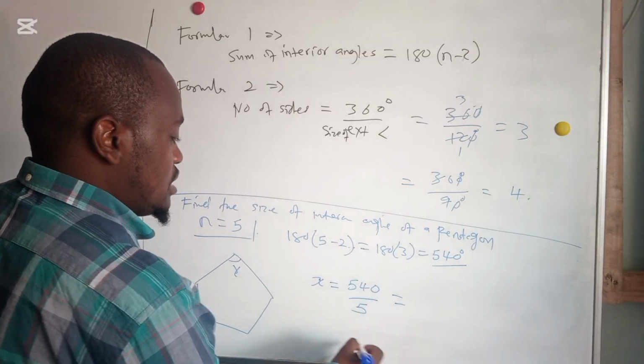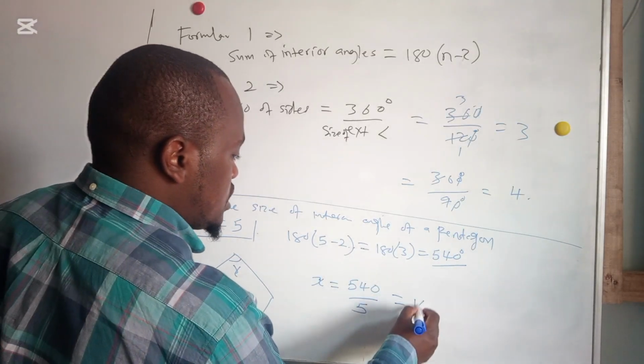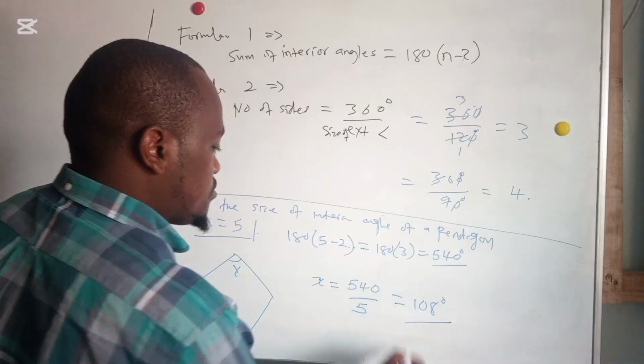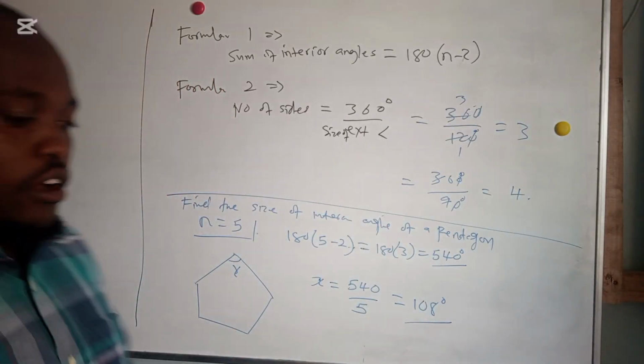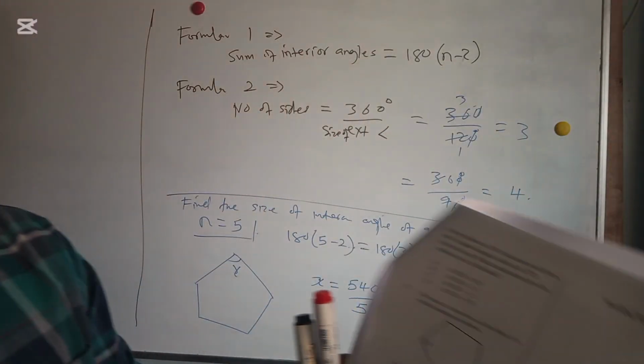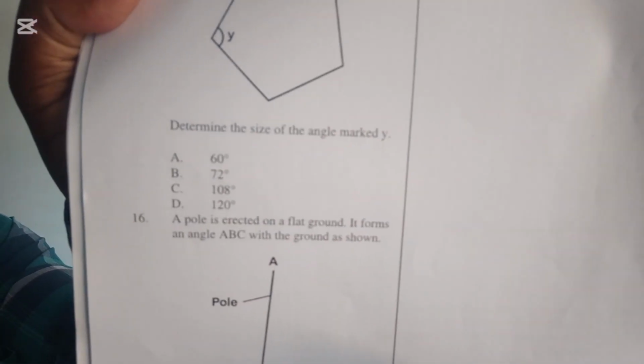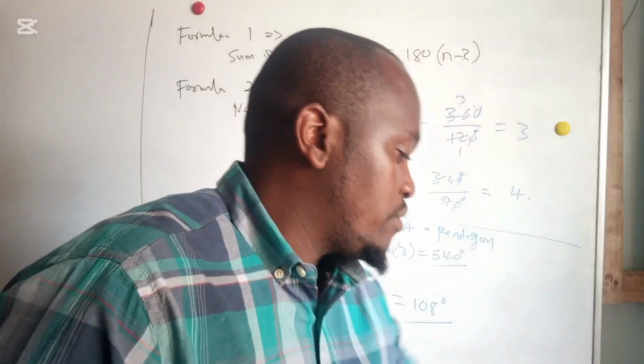So here you would get 108 degrees. So the size of this, here it is written y, would be 108 degrees, choice C.